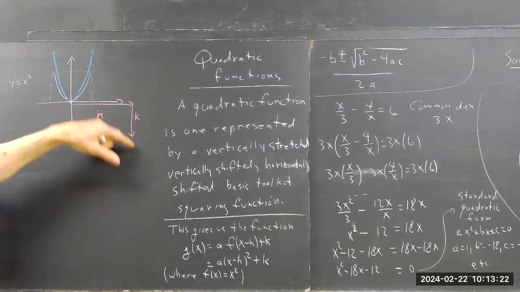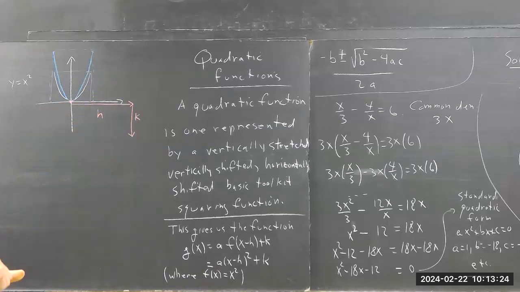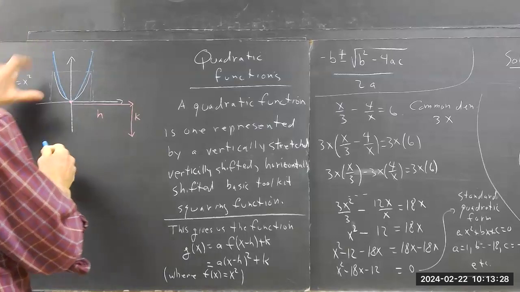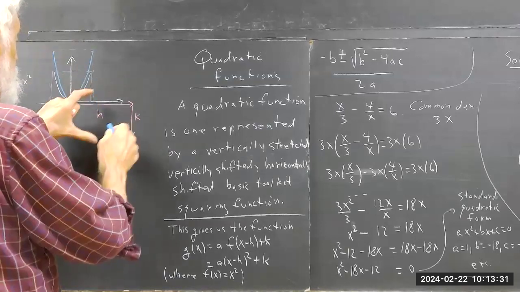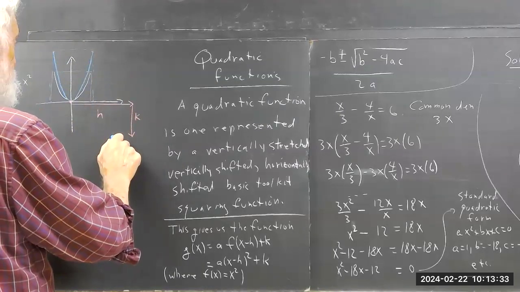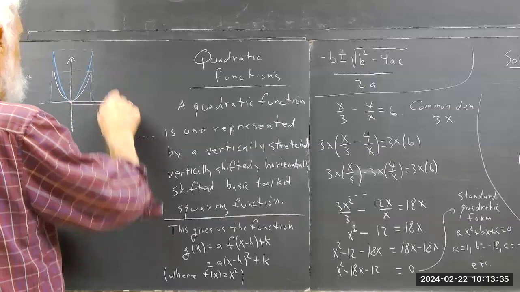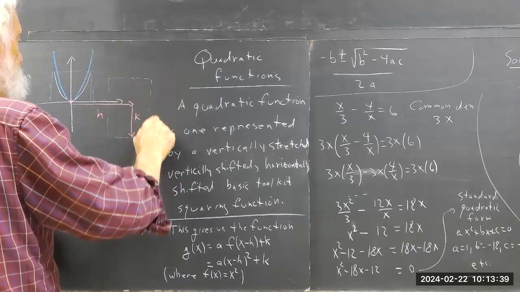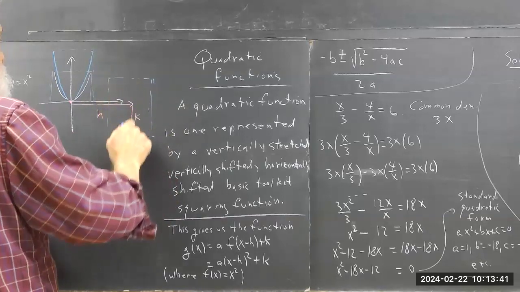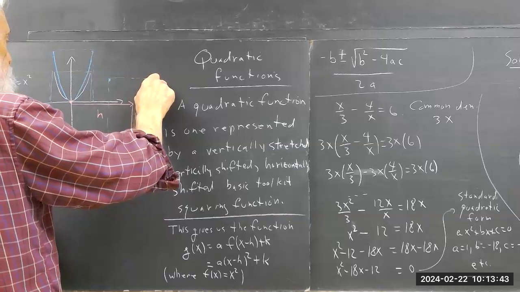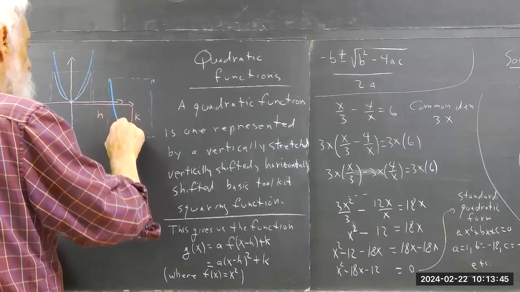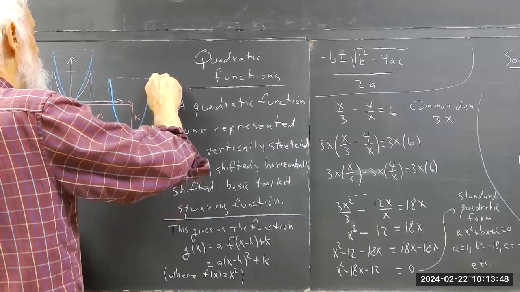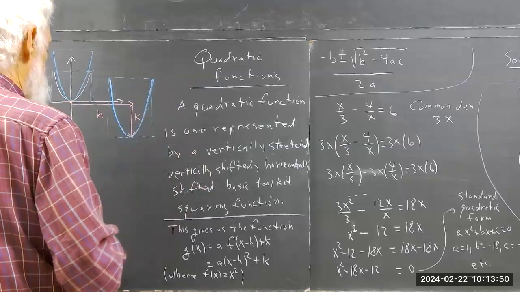Here h would be positive, k would be negative. And then we can resketch our rectangle here. It's about that high. So it's going to be as wide as the original one. It's going to be about this high. And the graph is going to look like this.